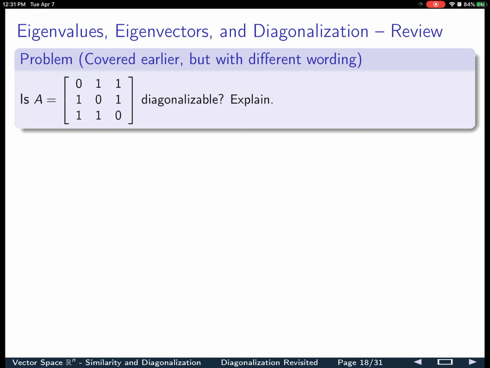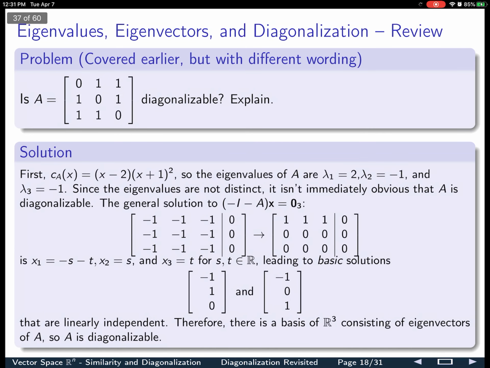Okay, here's an interesting matrix. I made a GeoGebra thing for this one, so we're gonna dive in. So first, we're asked, is this matrix diagonalizable? It will be. First we take the determinant of A minus lambda I, or lambda I minus A, whichever way you like to do it, to get this characteristic polynomial.